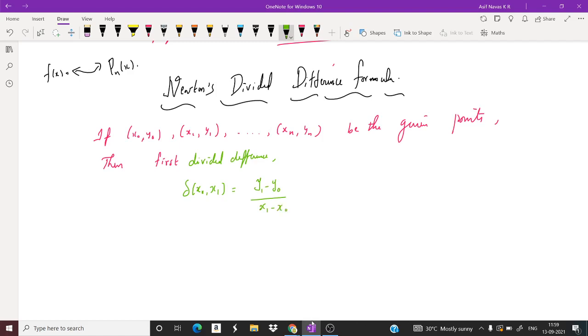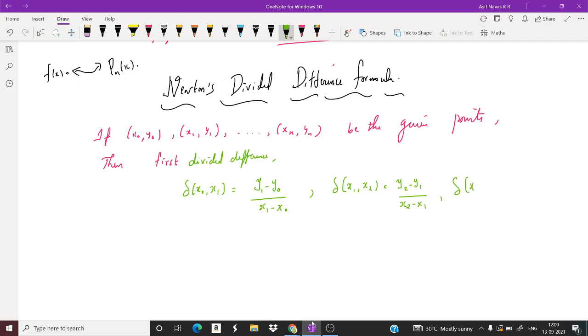That is the first divided difference for x naught and x1. Now delta x1 x2 will be y2 minus y1 divided by x2 minus x1.